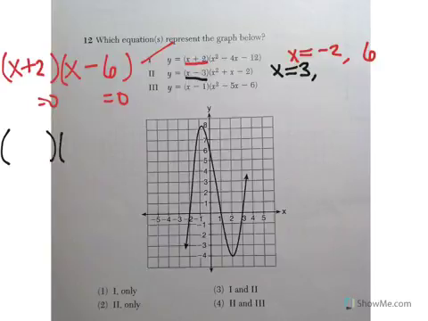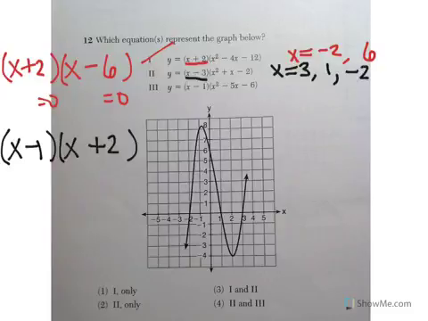When I factor x squared plus x minus 2, I'll have x and x, and factors of negative 2 that add up to a positive 1 would be a positive 2 and a negative 1. So my roots, the zeros, would be 3, positive 1, and a negative 2. And that is what I want: negative 2, positive 1, positive 3. So choice 2 works.